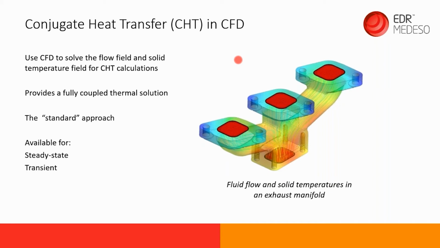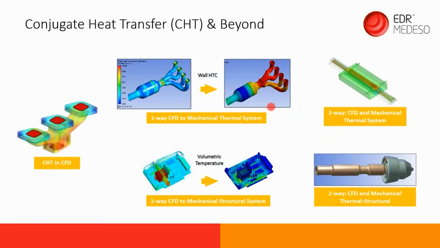And then you can model or mimic effects such as transfer to atmosphere and so on. That will give you an accurate thermal breakdown of the performance of your system. But then, as I say, it often leads on to more advanced applications.